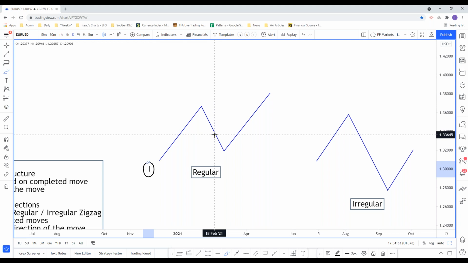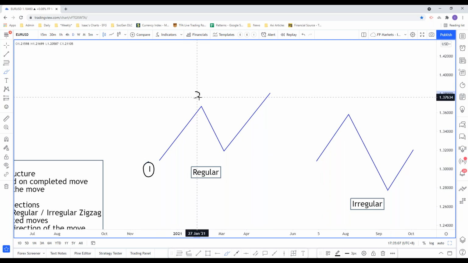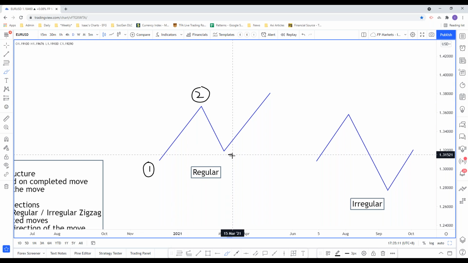In a bearish configuration, also very clear regular zigzags. However, for irregular, it's a bit more complicated as to whether it's really a bullish or a bearish configuration. But let's just talk about swing highs, swing lows. This is point one. Swing low to swing high, you have point two, and then of course you have point three, which is another swing low.